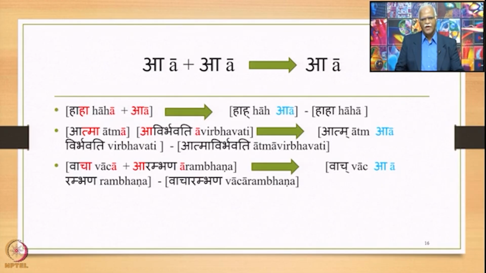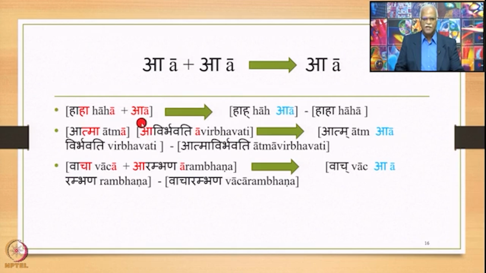The first example is within a pada, namely Haha plus A. We are deriving the instrumental singular of the Pratipadika Haha. We have just now seen that Haha is the name of the Gandharvas, and so the instrumental singular suffix A is added to them.